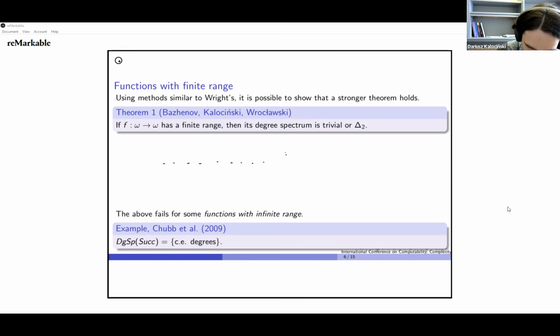We can start the construction from some far enough point, far enough so that every element to the right of this point maps to some element, and these elements have infinite preimages.